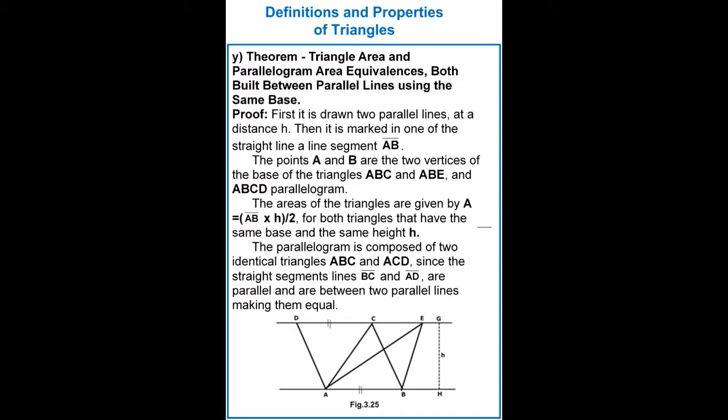The parallelogram ABCD is composed of two identical triangles, ABC and ACD. These triangles are equal because the segments of straight lines AC and AD are parallel, and they are between two straight parallel lines. They have equal dimensions.